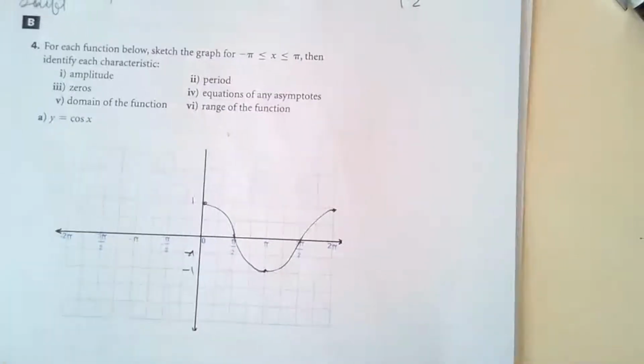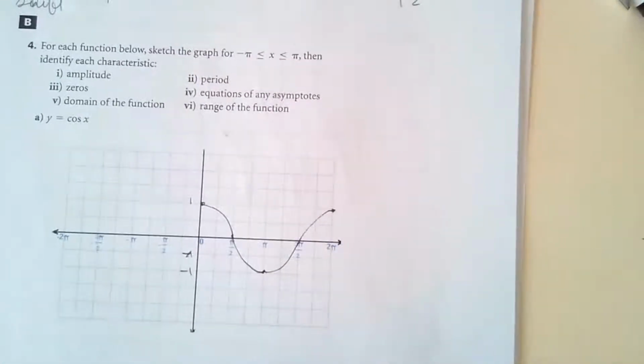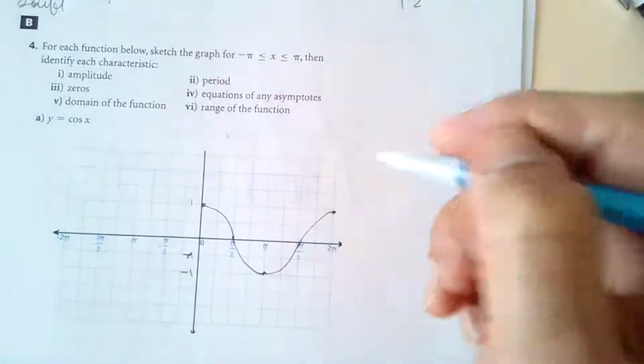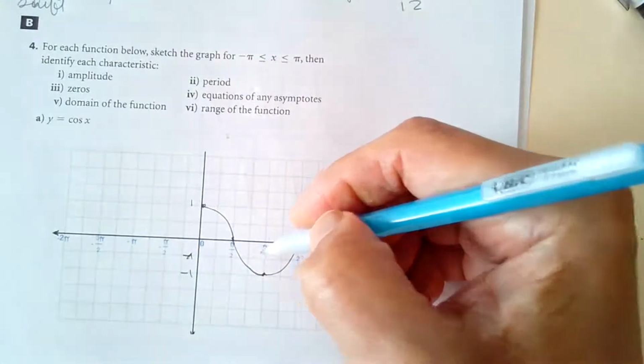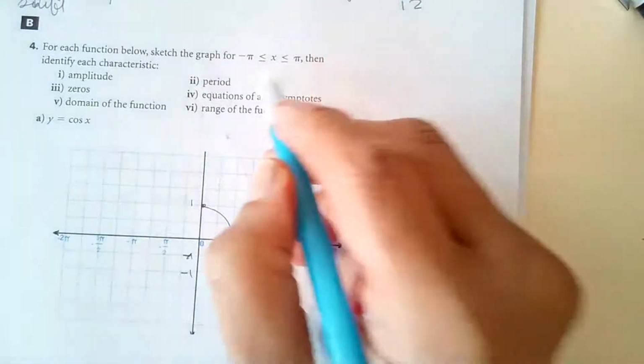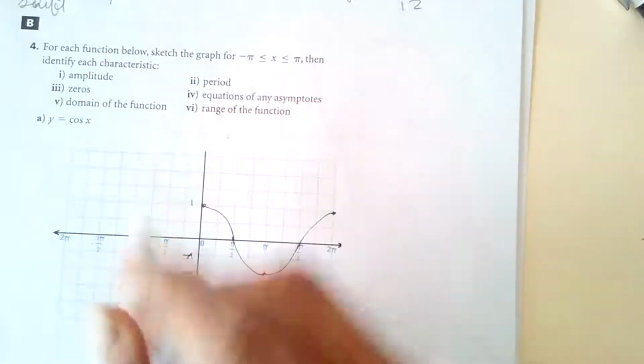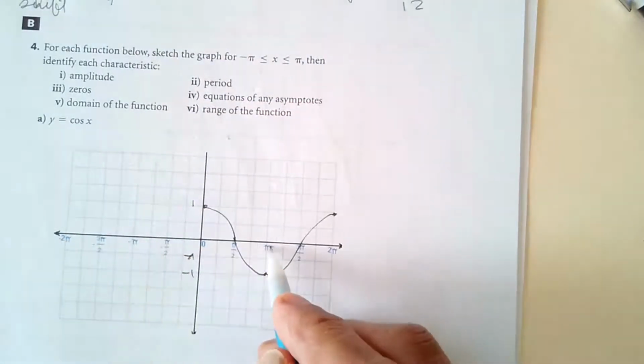Okay, so for each of the functions below, sketch a graph between negative pi and pi. So here I have a cos graph, but I want to go from negative pi to pi.